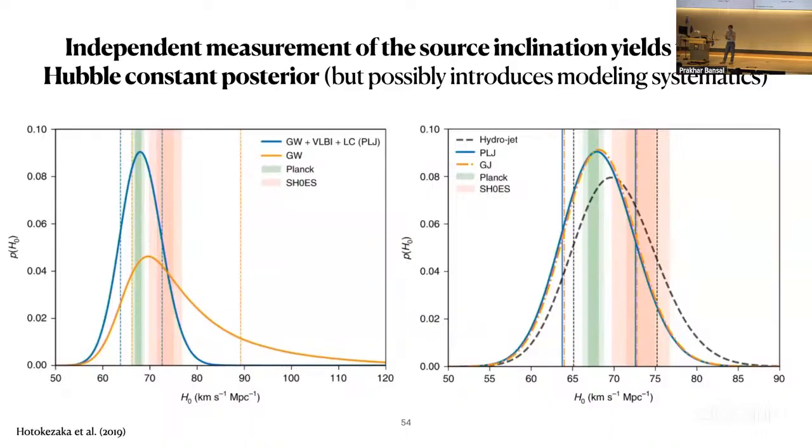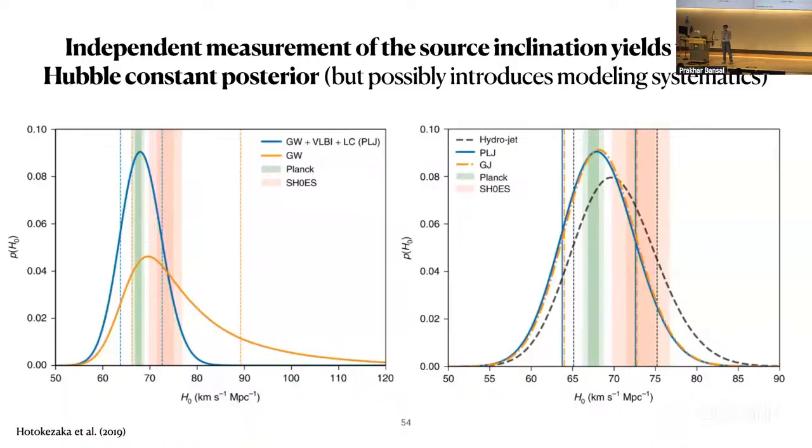The main systematic is really just the calibration of our detector. We directly measure the distance to the source, right? There's no distance ladder, no additional astrophysical calibrations. One of the appeals of doing this is that it's very clean.